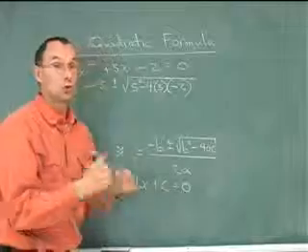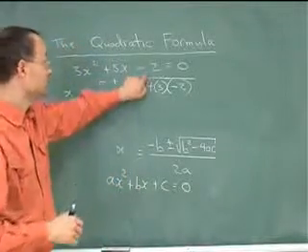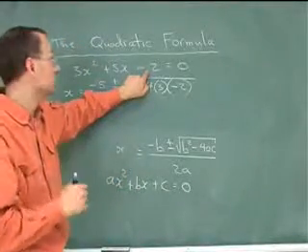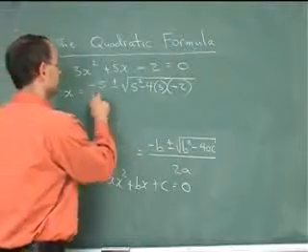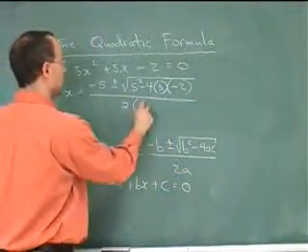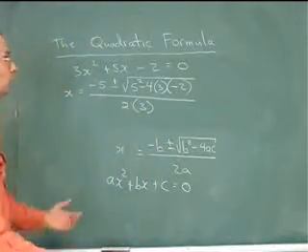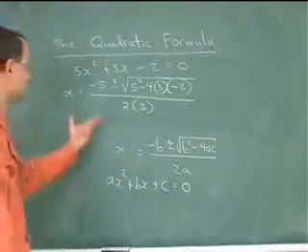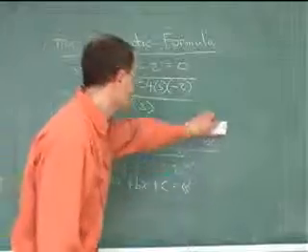The only thing you have to watch is the signs. Remember to consider c here as a negative 2. And that's all over 2 times a. a is positive 3. Well, all I have to do now is simplify this out, and there's my answer. So let's get rid of this.